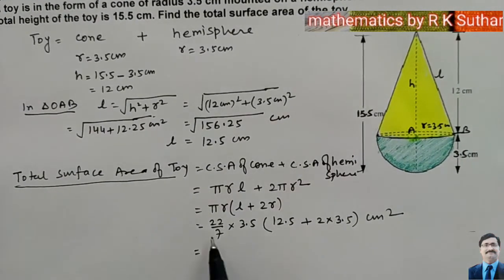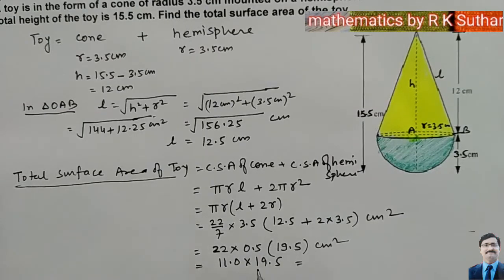We can cancel 7 and 35, and we get 22 times 0.5, which is 11. We multiply 2 into 3.5 to get 7, and add it to 12.5 to get 19.5 centimeter square. Multiplying these two, we get 214.5 centimeter square.